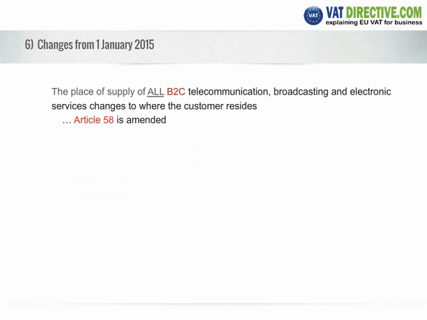Article 58 will be amended. Prior to the 1st of January 15, Article 58 only covered non-EU suppliers. Yet from the 1st of January 15, all B2C suppliers of telecommunications, broadcasting, electronically supplied services, the place of supply is where the customer resides.